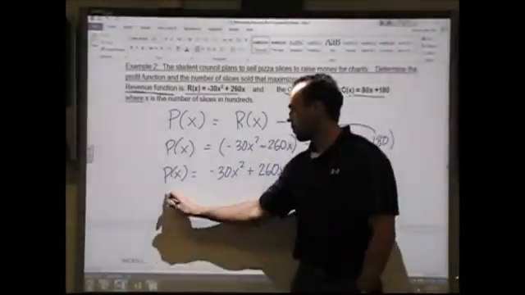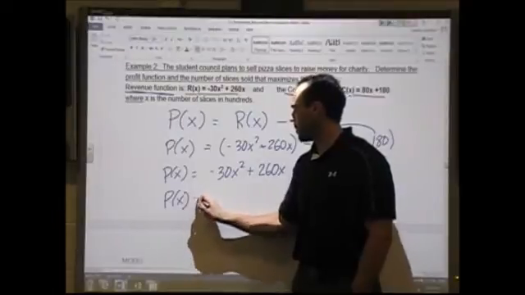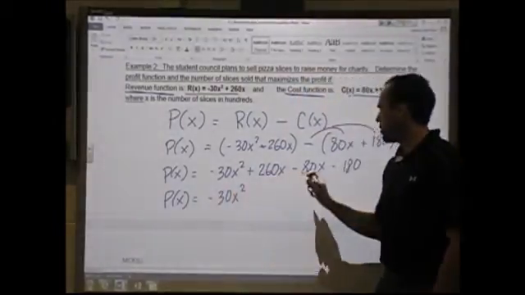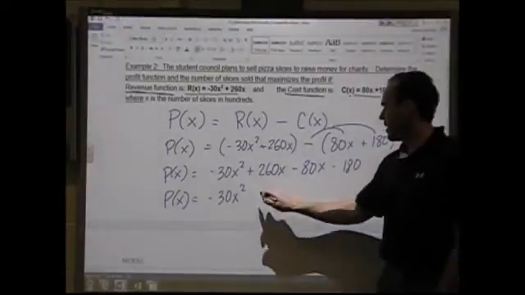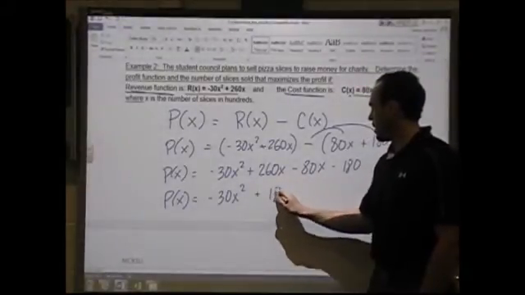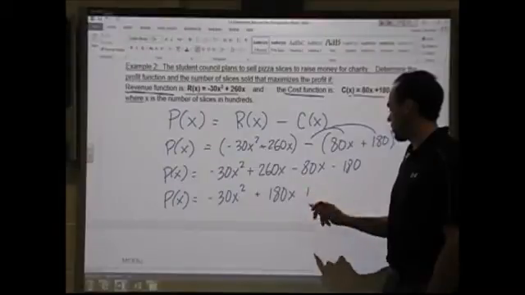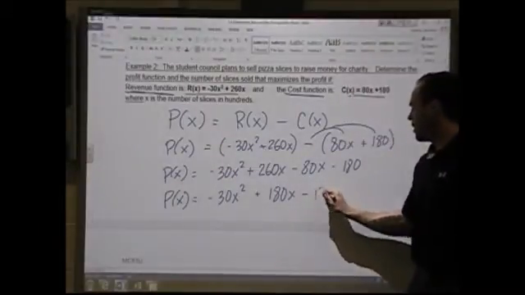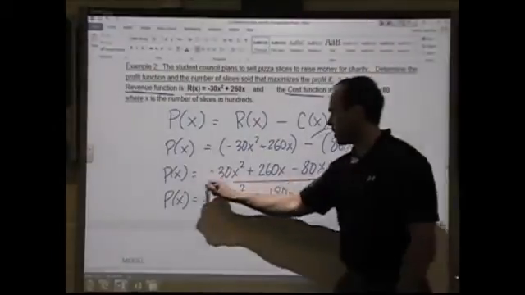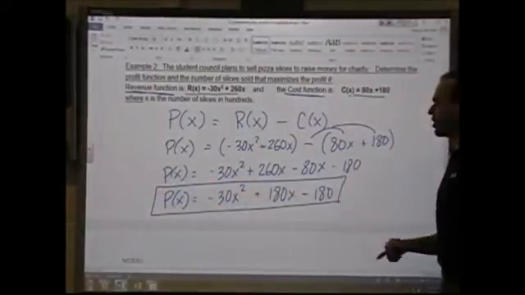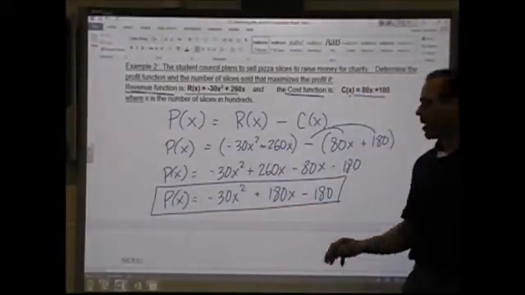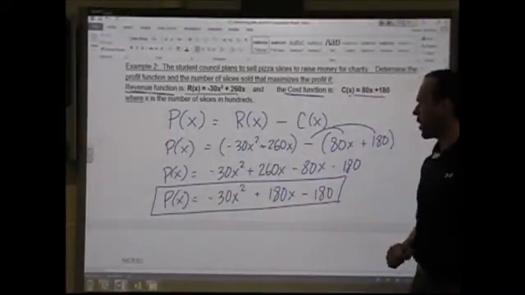So therefore, the profit function in standard form is going to be equal to negative 30x squared, and 260 minus 80 is positive 180x, minus 180. So this is the profit function. Okay, we haven't even started the question yet. We know that the profit function is negative 30x squared plus 180x minus 180.